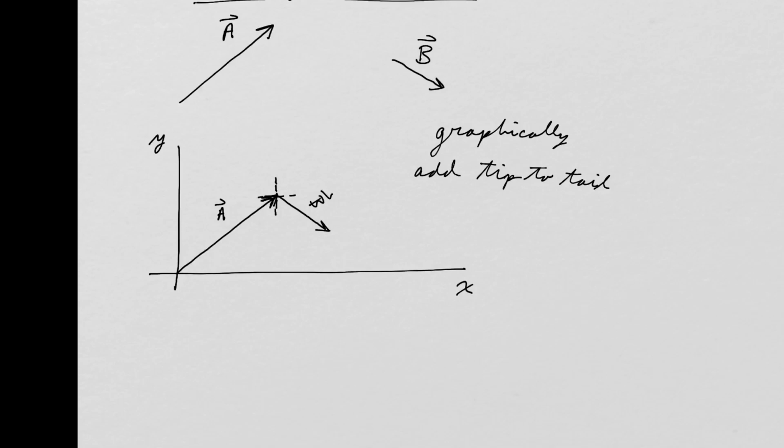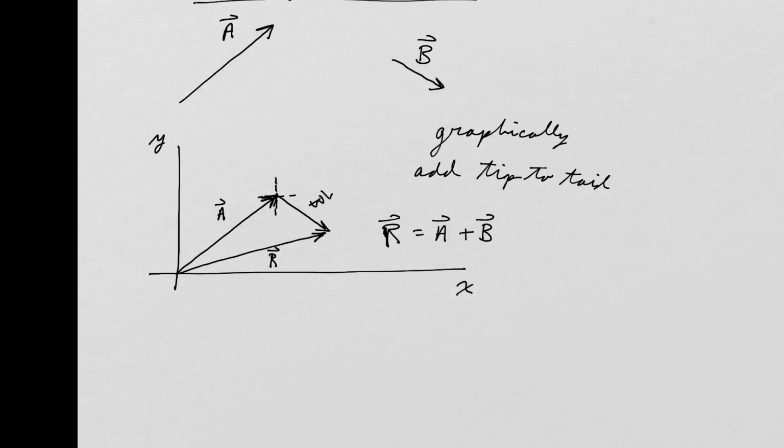And now finally, to get the resultant vector, to get A plus B, I simply draw a vector from the tail of A, so that's from the origin, to the tip of the second one, which is the tip of B. So this would be my vector, I'll call R, the resultant vector, and that R there is A plus B. So you add vectors together by adding tip to tail, tip to tail, tip to tail. Okay, so R is equal to A plus B.